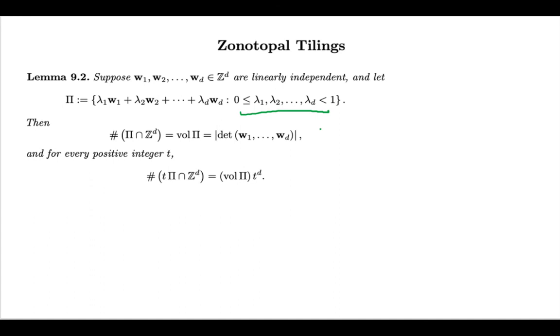Let me give you a picture at least why this is true. So if I think of my parallelepiped as, let's say, half open like this, then I can start dilating. Let's say I'll take the second dilate of this half-open parallelepiped.